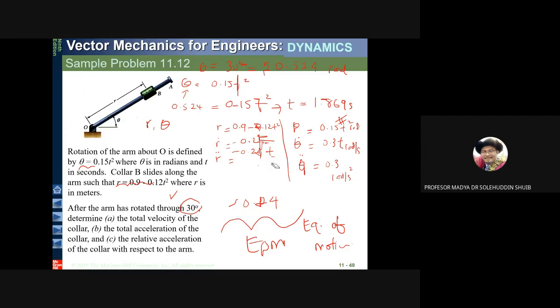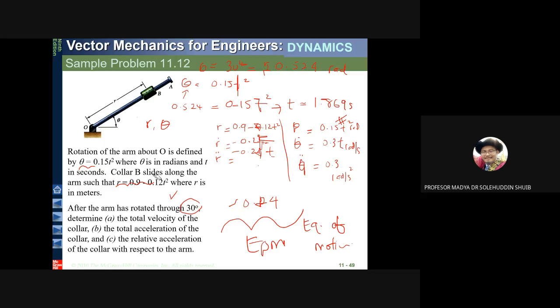After that, we substitute the value and obtain the values of theta, theta dot, theta double dot, r dot, and r double dot. That is the first part. We write the time at theta equal 30 degrees in radian, and then part 2, we write the equation of motion. After that, now we are ready to solve the problem.